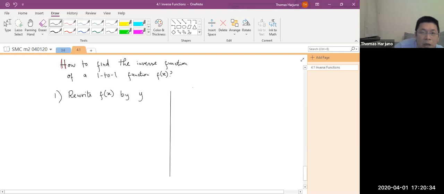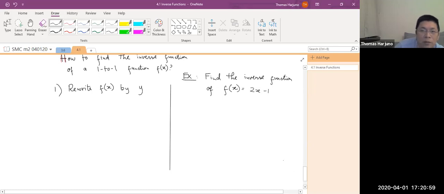Let's say, for example, I have: find the inverse function of f(x) equals 2x minus 1.